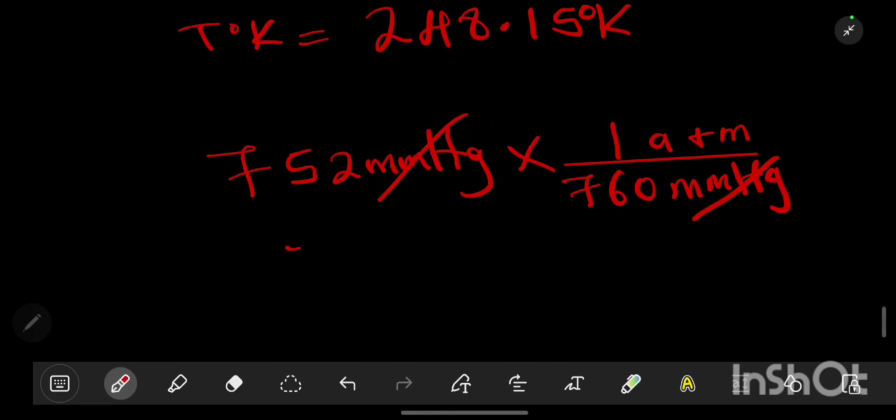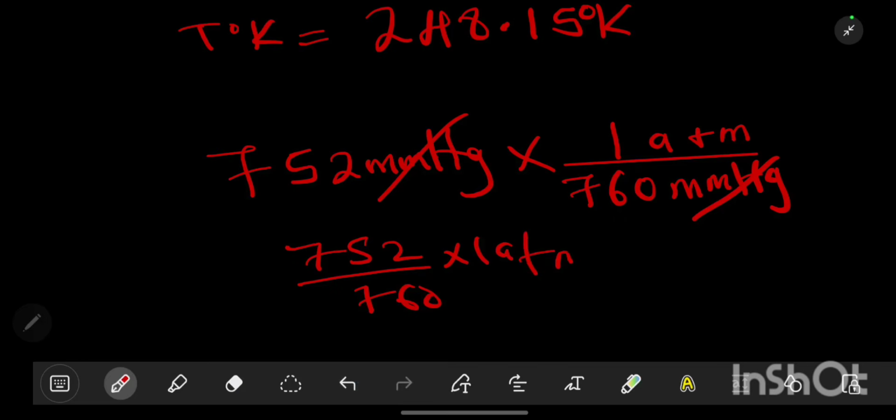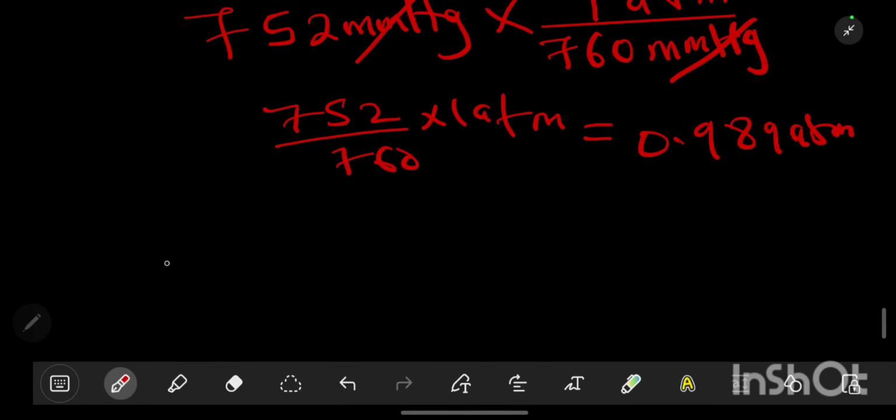So when you divide your 752 over your 760 times 1 ATM, this is going to give us a value of 0.989 ATM.